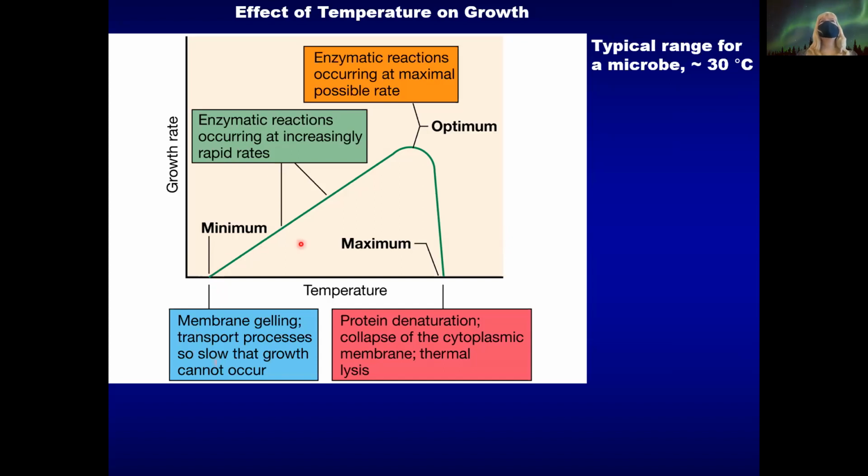Then you can see as you work your way to warmer and warmer temps, things are good. And then you get an optimum growth at an optimum temperature. So like with us, 98.6 degrees Fahrenheit, that's our optimum temperature. If we go below that, we can survive to a point, but eventually we're going to die.